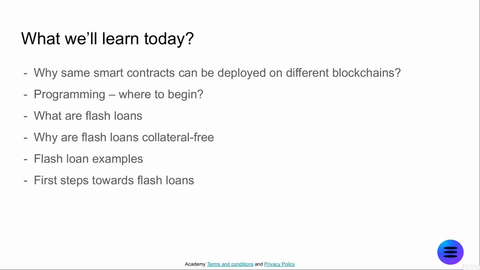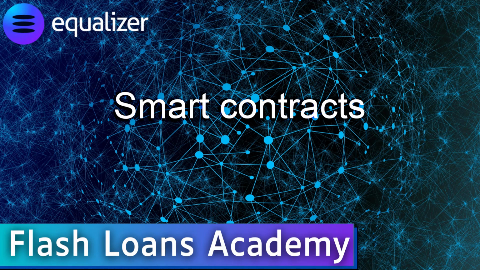And the ones who are professional in this, of course, you are welcome to help those who already began and know how to do some basic operations. And then we'll take a look at flash loans, why flash loans are collateral-free, and of course, some flash loan examples and what are the first steps towards borrowing flash loans, and basically tools that you need in order to borrow those.